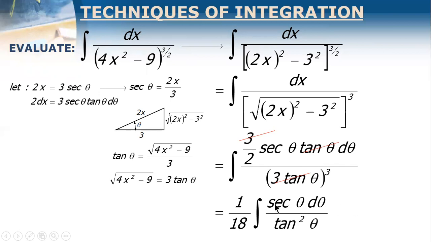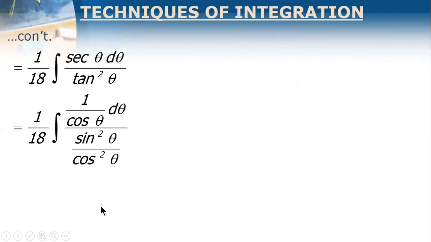And then let's use the expressions of secant and tangent. Secant theta is 1 over cosine. Tangent theta is sine over cosine. This is the result. So let's cancel 1 cosine. The remaining cosine theta can be transferred to the numerator.